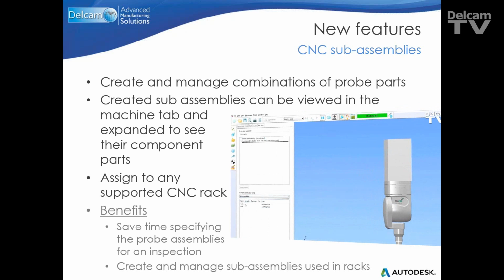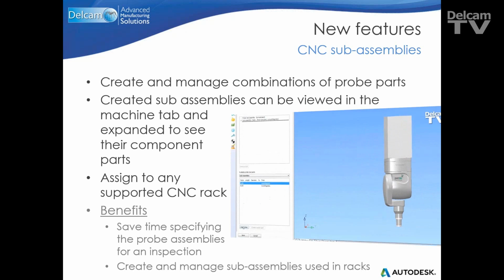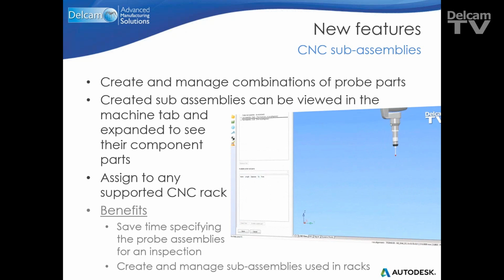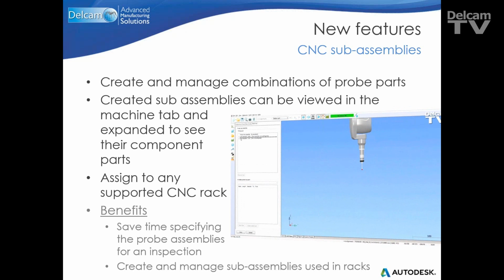We finally need to assign our sub-assemblies to a suitable rack. So from the CNC Rack tab, which you'll see in just a minute, we're going to want to edit the position in which our sub-assemblies are positioned. Okay, so highlighting on the screen, we're moving towards our CNC Rack tab.